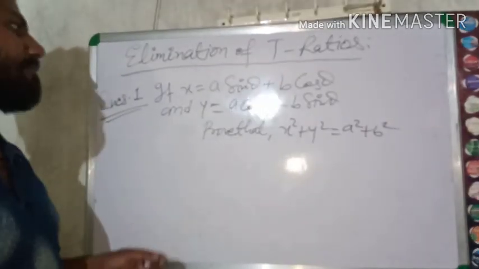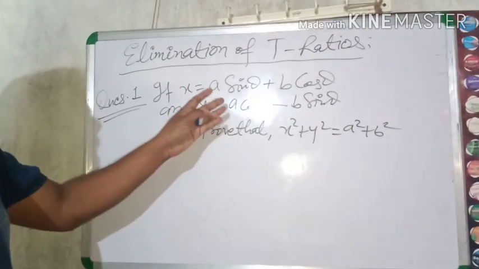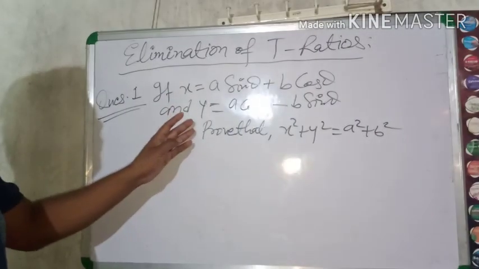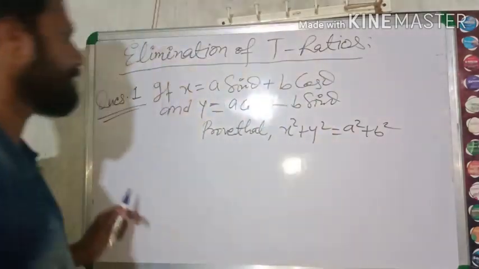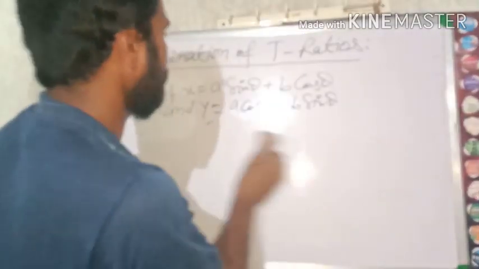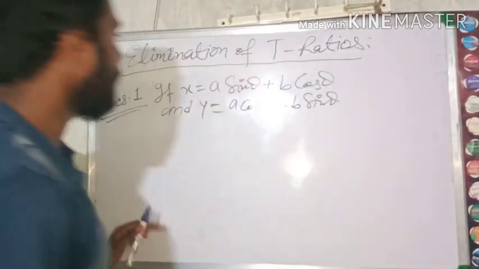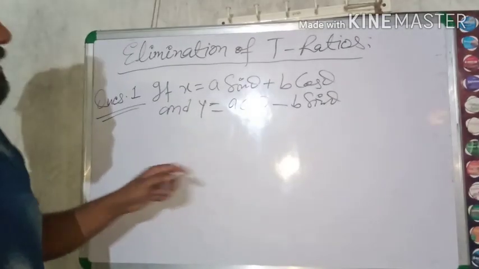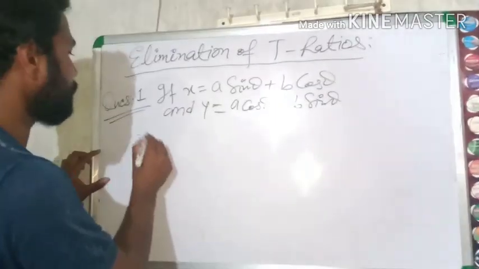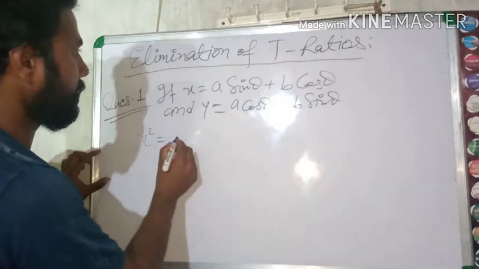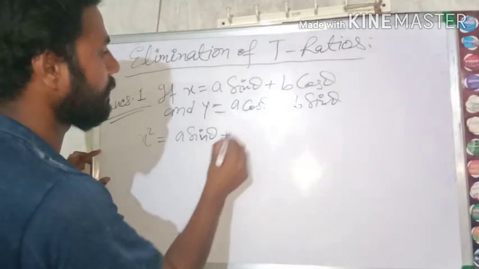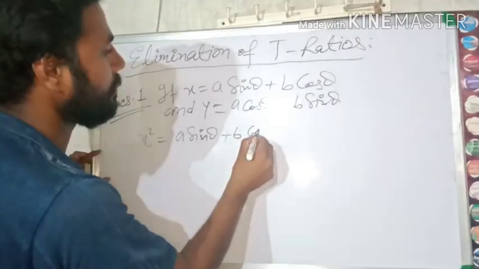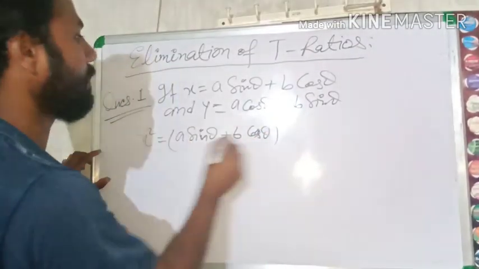Firstly, we are given that x is equal to a sin theta plus b cos theta and y is equal to a cos theta minus b sin theta. Then we solve it. Firstly, if x is equal to a sin theta plus b cos theta, then x square is equal to a sin theta plus b cos theta whole square.